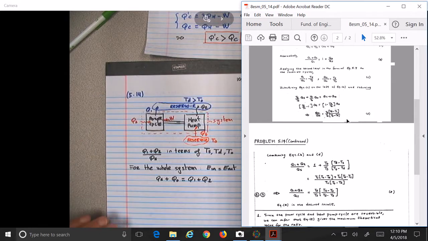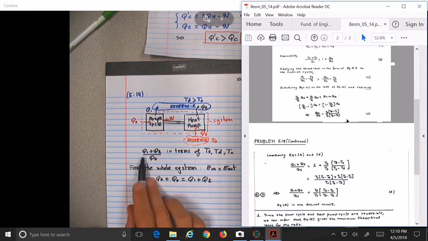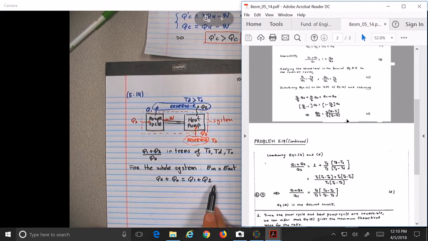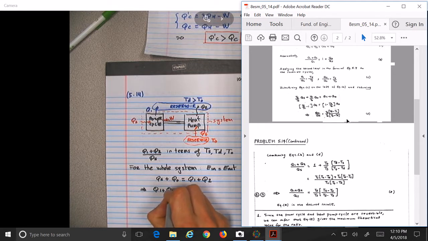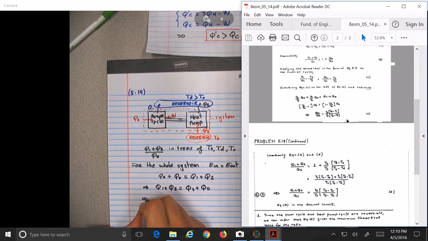So let's see now what they did. You see we needed to divide this one by QS.